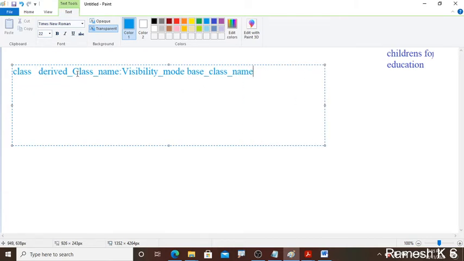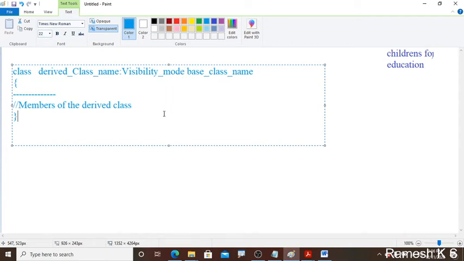Again, taking a pair of braces, in this pair of braces you can write the members of the derived class. So this is the syntax for deriving derived classes.